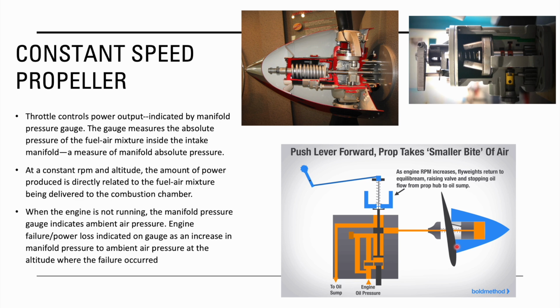The reason you'd want to do this is just like gears on a bicycle. You're able to climb a hill, or you're able to maintain speed on level ground or while you're going downhill. With a constant speed propeller, you're able to get the most performance out of every situation. For takeoff and climb, you can have a lower blade angle, and for cruise, you can have a higher blade angle, so it's taking larger scoops.